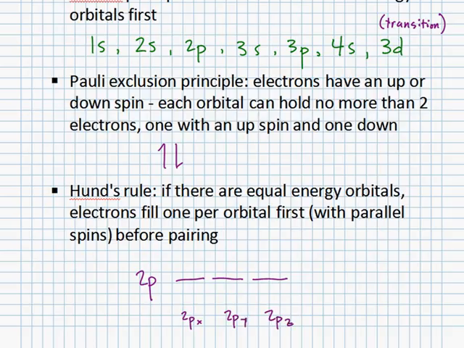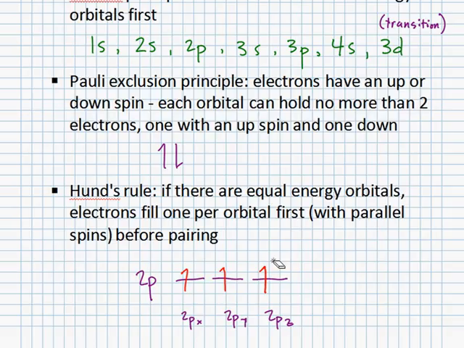So I can fill up to 6 electrons in this entire set of 2p orbitals, but if I only have 3 electrons to put in, I'm going to start with one of them in 2px, the next one in 2py, and the third one in 2pz. They like to spread themselves out like that because electrons repel each other. It would be unfavorable for 2 of them to pair up in 2px first because they'd be too close together. They'd much rather spread out in space over those 3 orbitals.